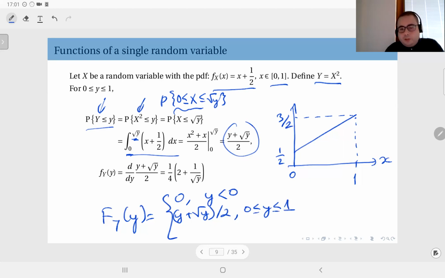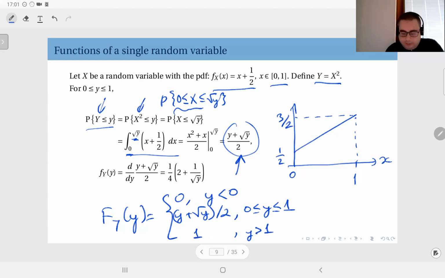And if you look closely, when you plug in 1 in this expression, 1 plus square root 1 divided by 2, you get 1, as expected. Why? Because you reach the probability of the sample space at y equals 1. So after 1, the CDF should be 1.